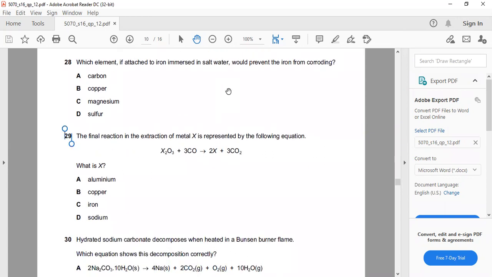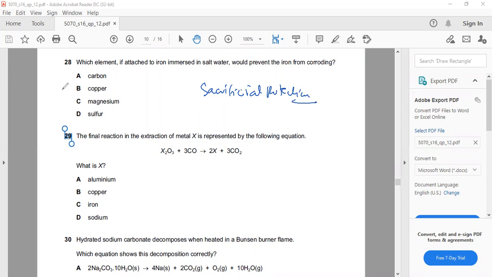Number 28. Which element, if attached to iron and immersed in salt water, would prevent rusting? This is about the prevention of rusting and sacrificial protection. In sacrificial protection, when we attach a metal, it should be more reactive than iron.